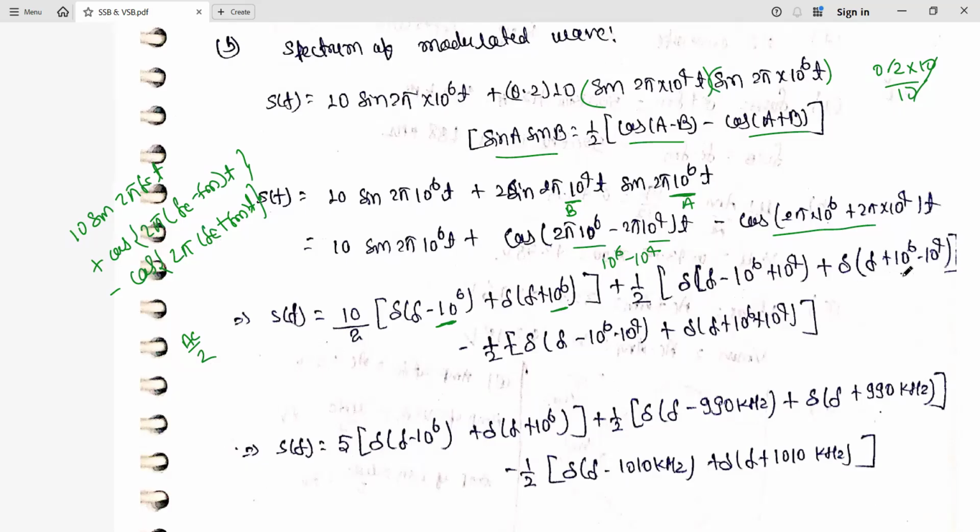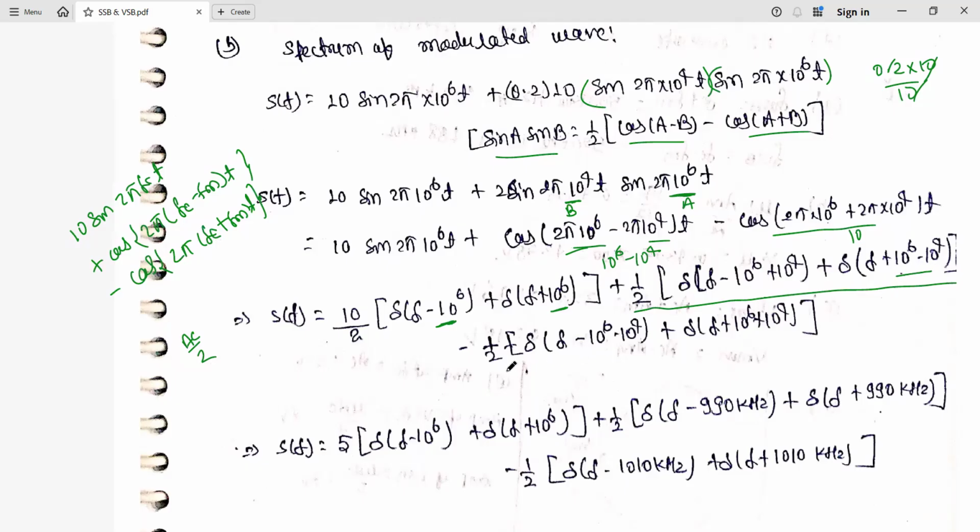Again plus delta(f plus the available frequency), that is f plus fc, one is f minus fc. On the basis of this, we are able to obtain these values. So this entire thing is for the second term: f minus fc, f plus fc.